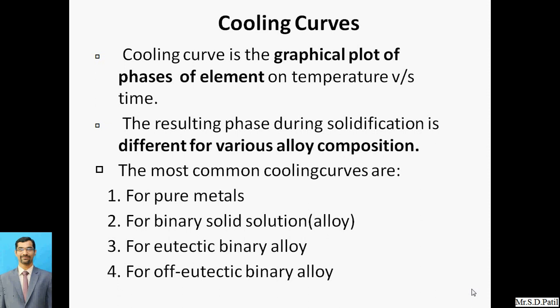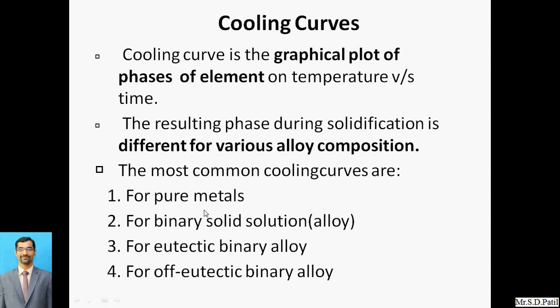This phase transformation phenomenon we have seen in pure materials, and the phases resulting during solidification are different for various alloy compositions. So the most common cooling curves are these four.